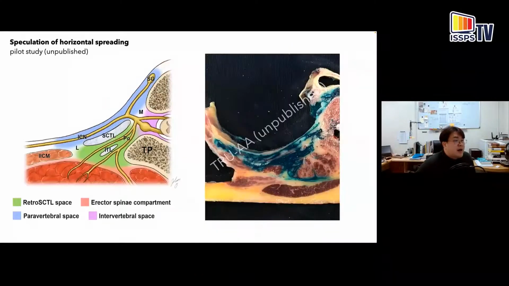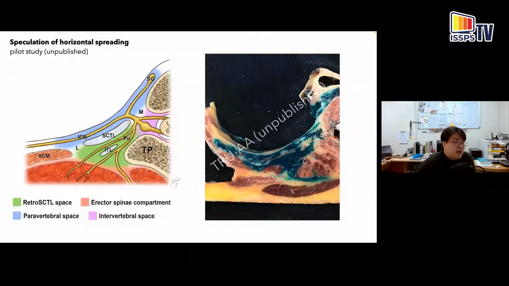To confirm our findings in which the lateral SCTL space communicated with the DPVS, intervertebral foramina, and back muscle compartment, we performed the ITP block to inject the dye into the lateral SCTL space.